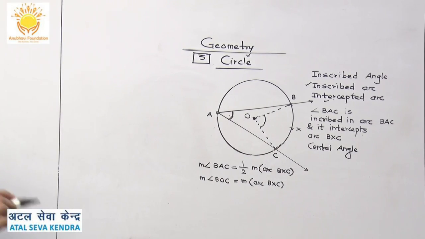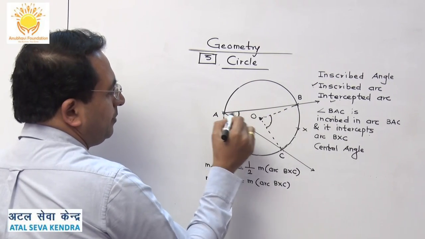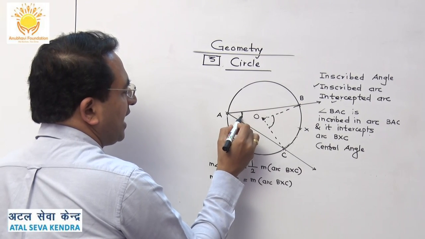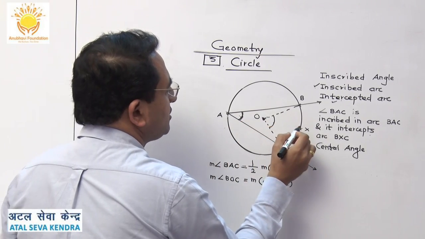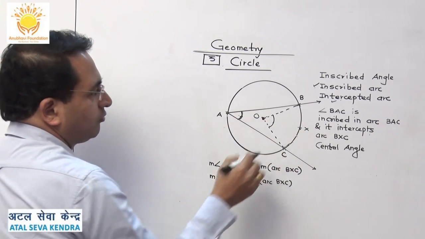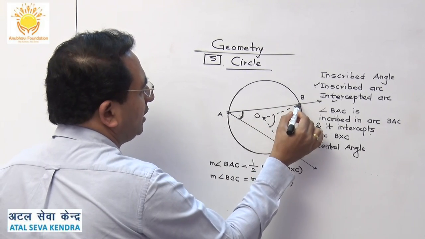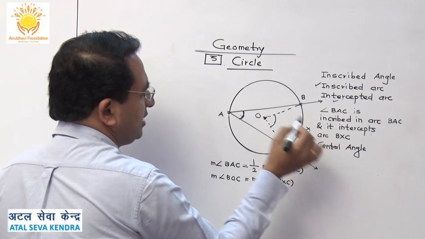But when it comes to the angle on the circumference, this angle BAC is formed on the circumference. That angle will be half of the arc which is facing it. So angle BAC is half of arc BXC.